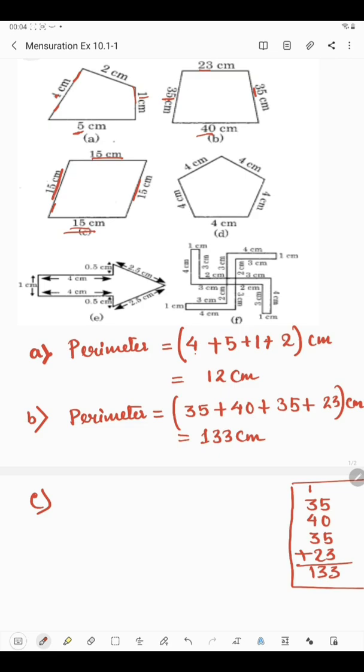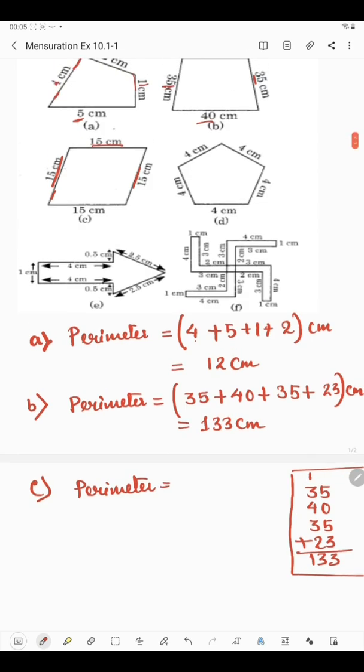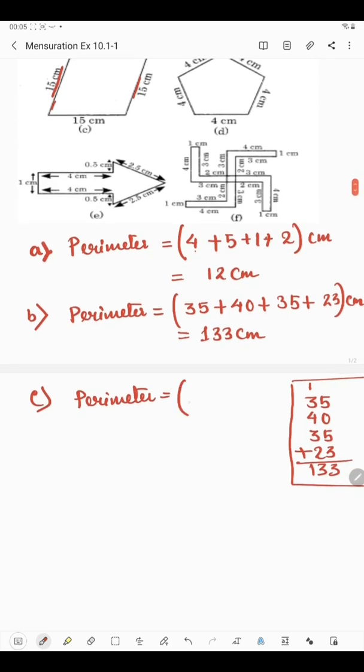15 gives the perimeter. So to find the perimeter we need to add all the sides. Here we have 15 centimeter, 15 centimeter, 15 centimeter, 15 centimeter. All 4 sides are equal.